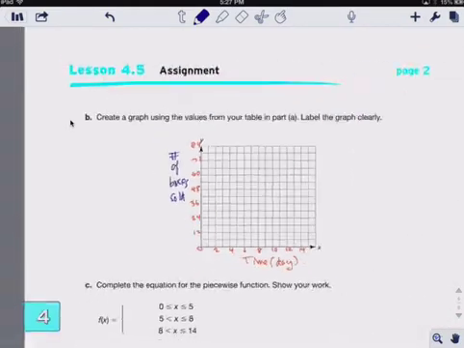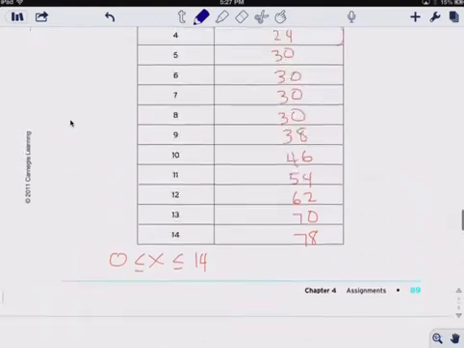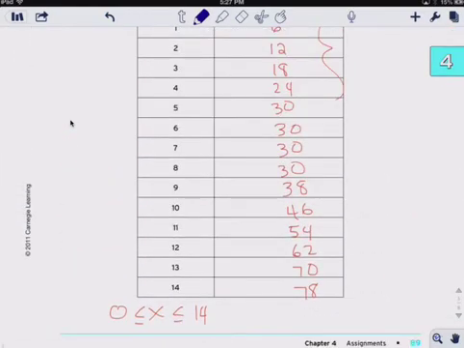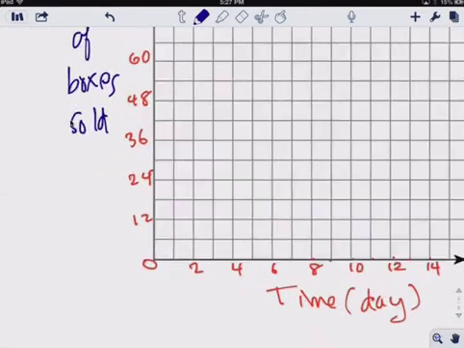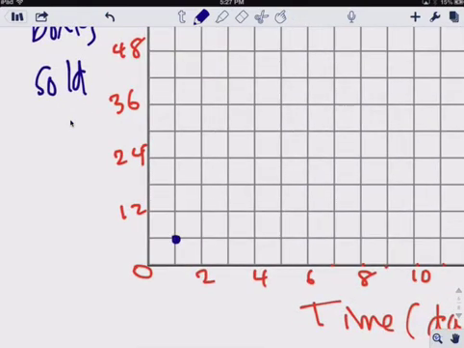Okay, so day 1 they sold 6 cookies. Day 1, 6. Day 2, 12. Day 3, 18. Day 4, 24. Day 5 is 30.